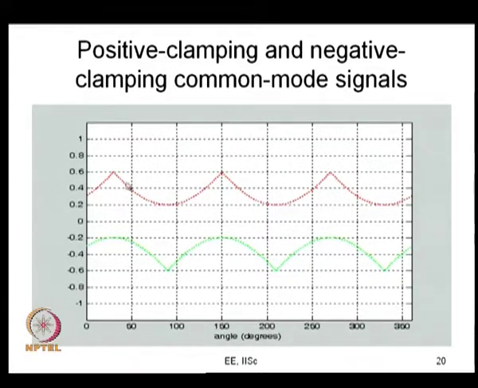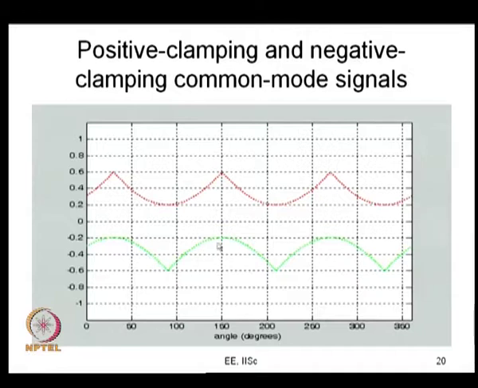So, if you see, there are only 2 possibilities for clamping. You can clamp the phase which has got the highest modulating signal, which is most positive, or you can clamp the phase which is most negative, which has got the lowest modulating signal. So, if you want to clamp to the positive bus, then this is the modulating signal you can add.